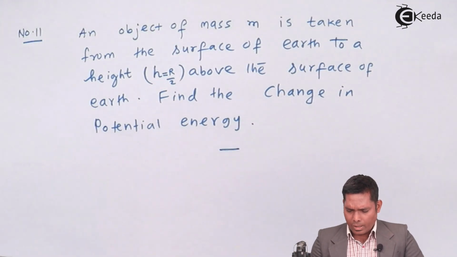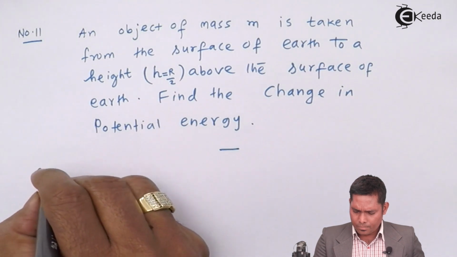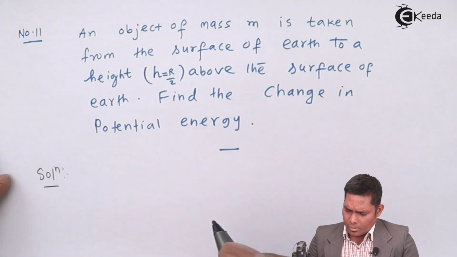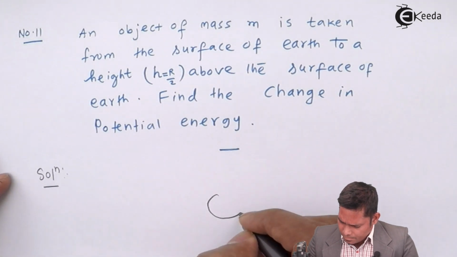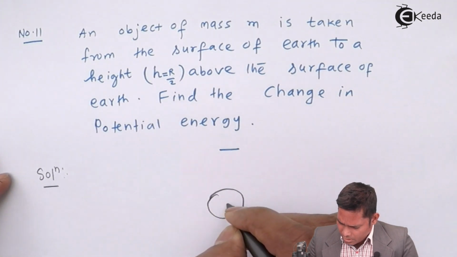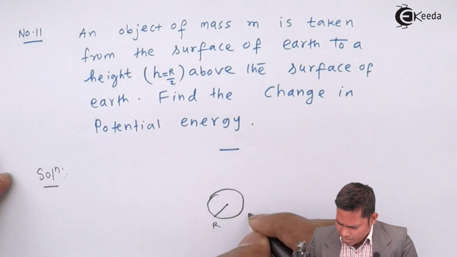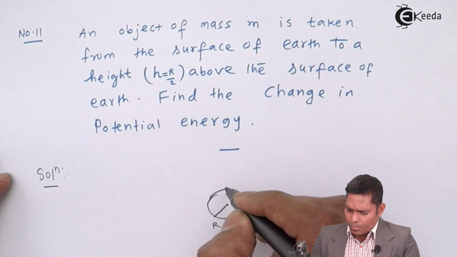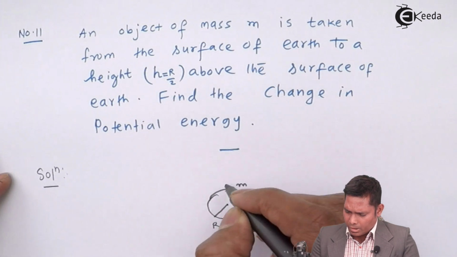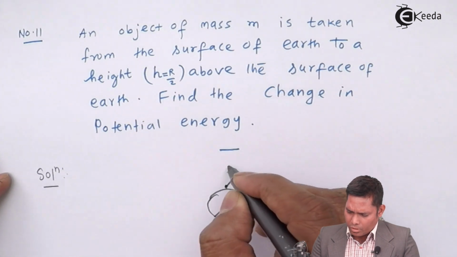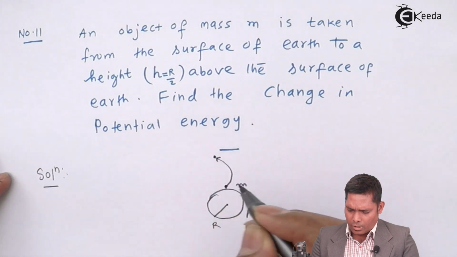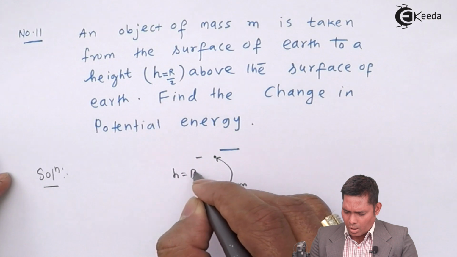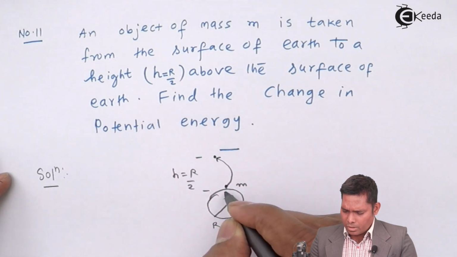and we'll have the solution here. So basically this is Earth whose radius is R and mass is capital M. A small point mass is taken from the surface of the Earth to a point here, whose height is equal to half the radius of the Earth.